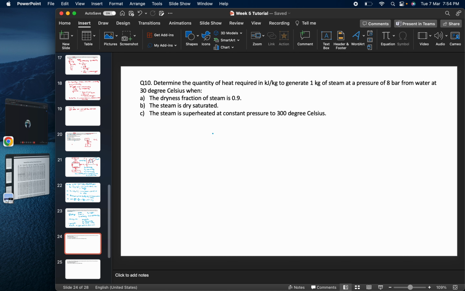So that means the first state, state 1, is here somewhere.